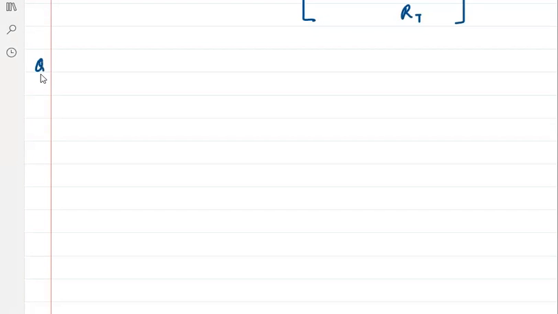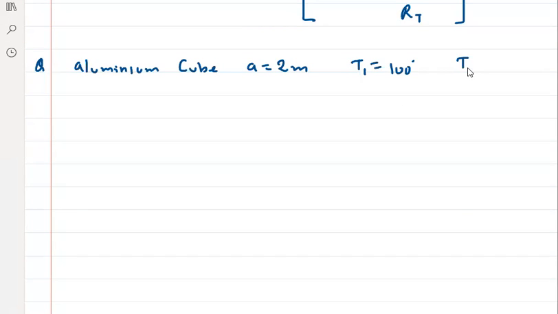Suppose you have an aluminium cube, with edge A equal to 2 meter. One face is maintained at temperature T1, which is 100 degrees centigrade, and the other face is maintained at temperature T2, which is 0 degrees centigrade.